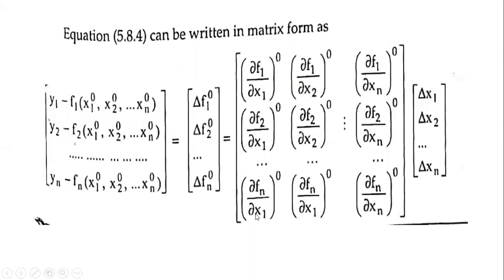Similarly, dou fn by dou x1, dou fn by dou x2, and so on dou fn by dou xn, multiplied by delta x1, delta x2 and so on delta xn.